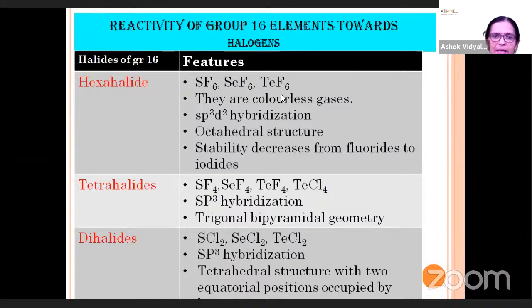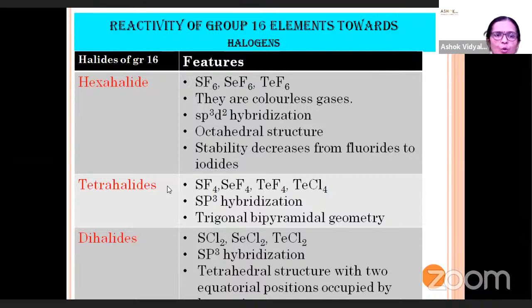All these hexahalides of group 16 elements are colorless, they are gases, and they show hybridization of the type sp3d2. They have octahedral structure and their stability decreases from fluorides to iodides.